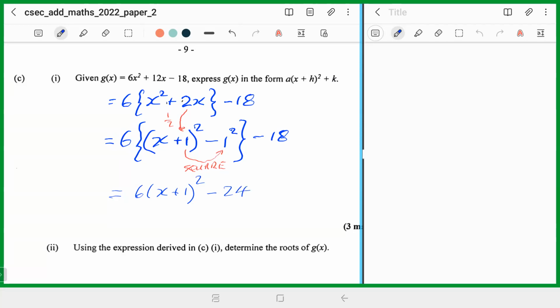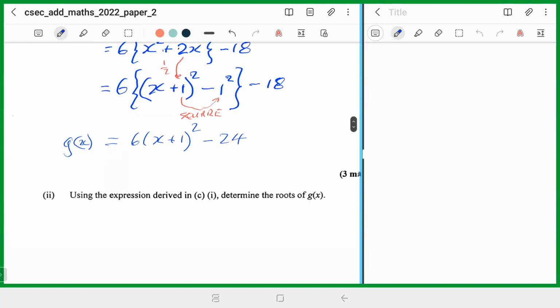And this is it. I have completed the square. Simple as that. So g of x is equal to this.